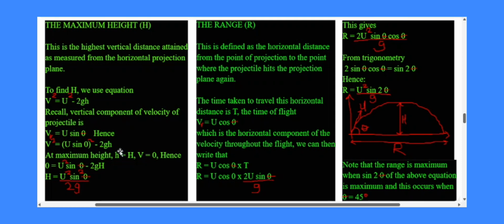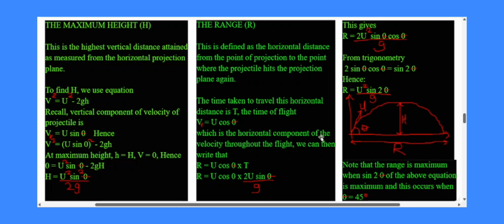Why did we use u sin theta, the vertical component? Don't forget, we are interested in getting the vertical height, the maximum height attained by the object. So at the maximum height, we will make our h to be the capital H, and our v will be 0.